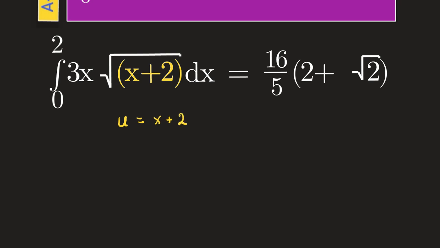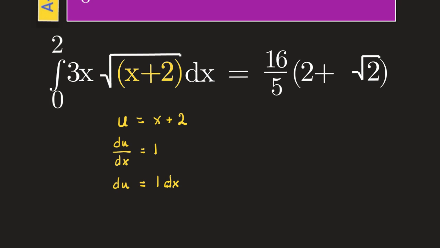The next step in this sort of integration is that we differentiate the u. So we find that du, and we're differentiating it with respect to x, is equal to 1. And we want just du, so we will put the dx onto the right hand side.